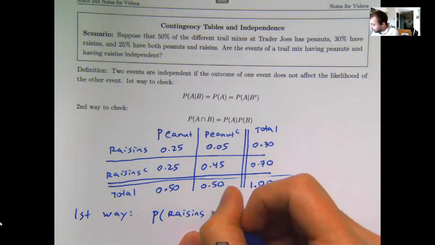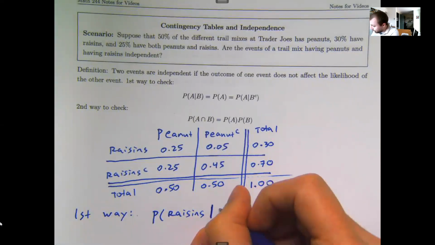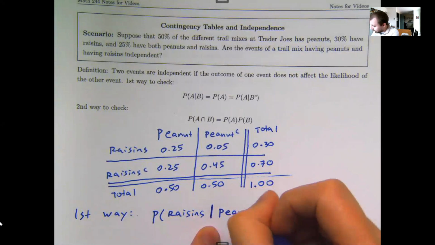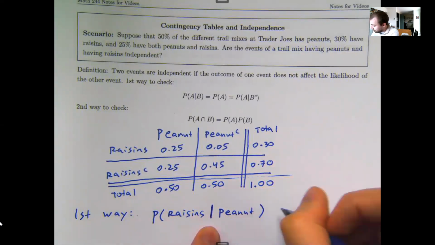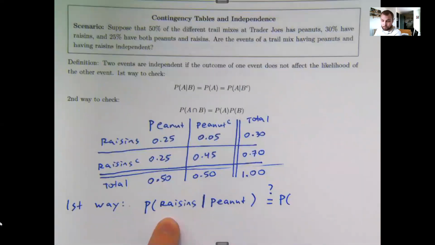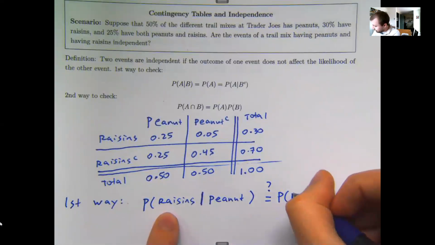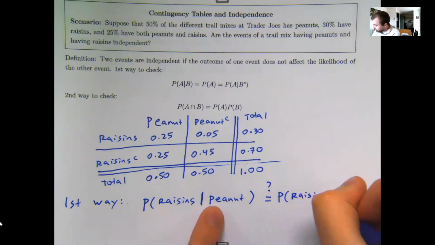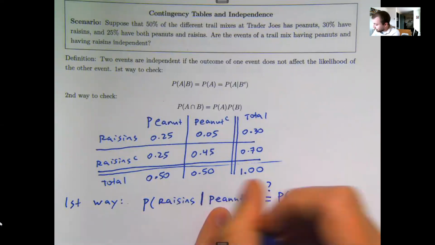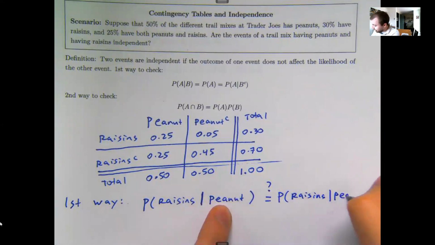And let's look at raisins out of those things with peanuts. And let's see if this is the same as, and now I just have to match up, I'm going to look at raisins. And I'm just wondering, does this probability change if I'm looking at different subgroups?